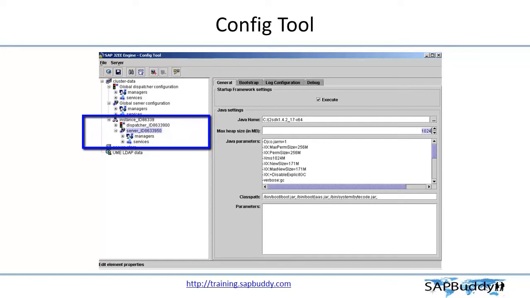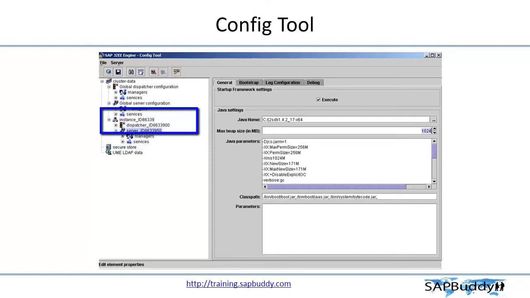The instance number also consists of the name of the dispatcher or the server process. As a guide, if there is no instance number on the dispatcher or the server, that means it's a global setting.